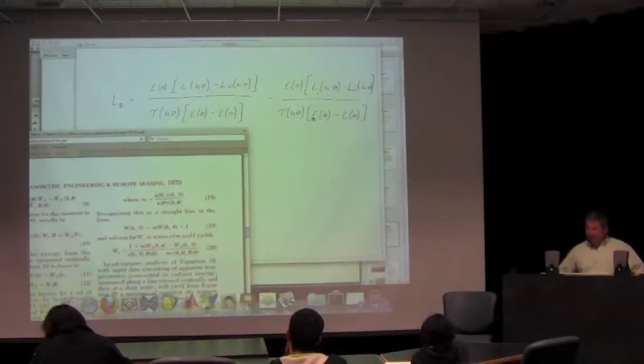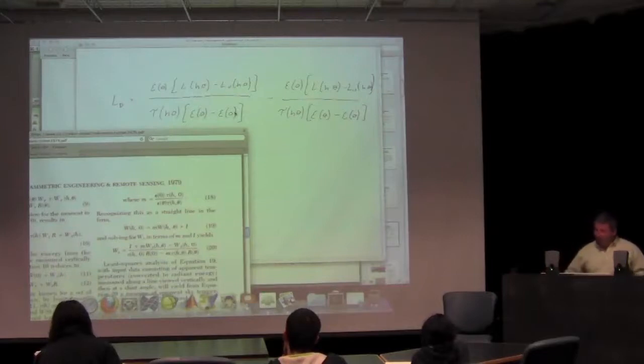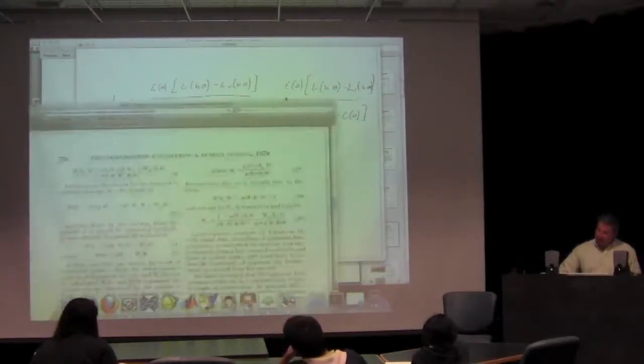I kept everything in terms of emissivity. So I've gone through the rigorous proof of this, but I think this equation and this equation are exactly the same if you just substitute the right terms in. Because you can see M here is this ratio of E naught over E theta and tau of H naught and H theta. So if you substitute all that in, you come up with the same final answer.